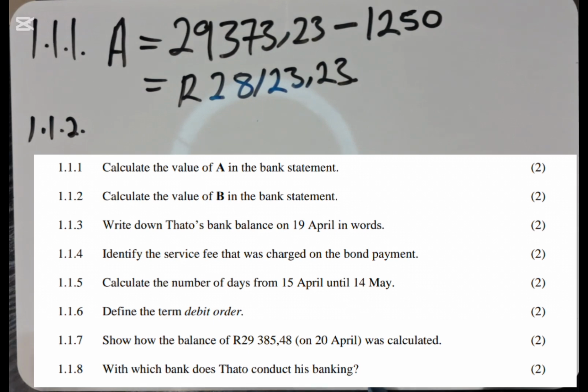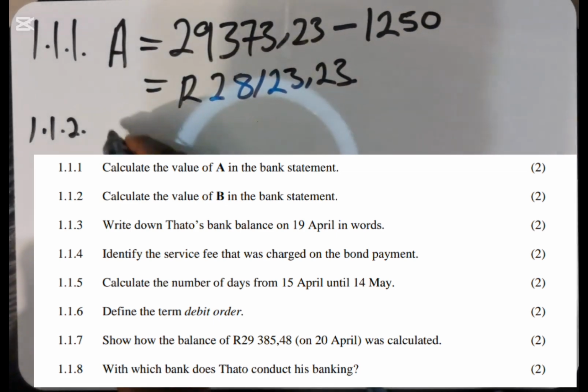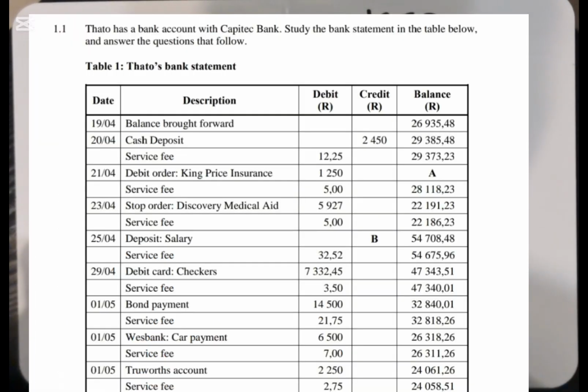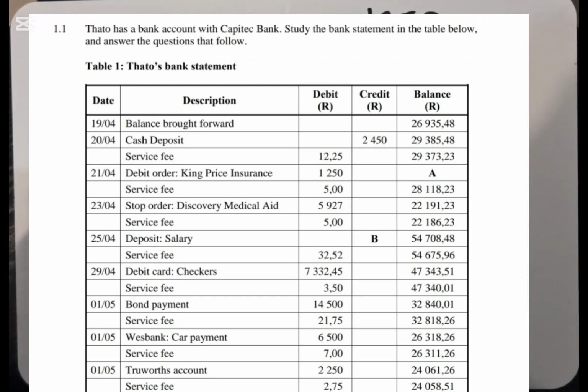1.1.2 says, calculate the value of B in the bank statement. We also discussed this. The value of B, you do the very same thing. In this case, the value of B is under credit. It means that it's the salary that this person has received.